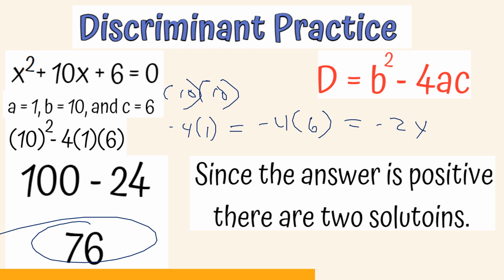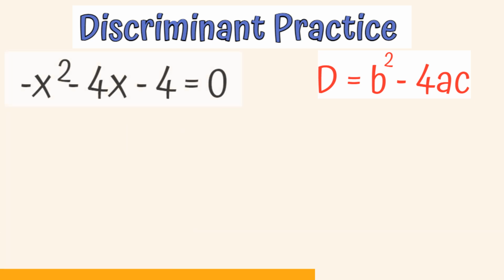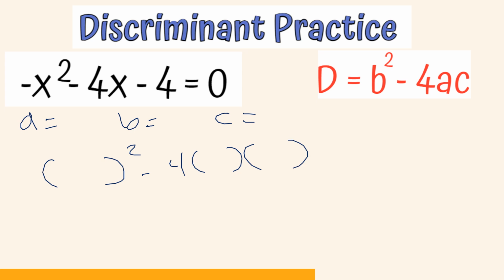Let's look at one more discriminant to practice. So now, you need to figure out what your a is, what your b is, and what your c is. Once you do that, we're going to use these parentheses as placeholders.